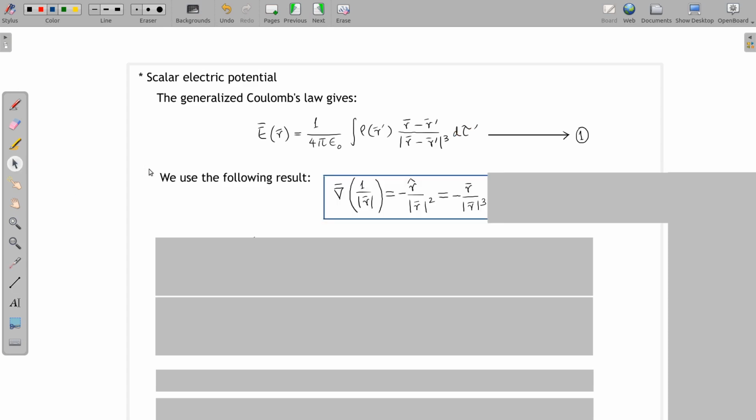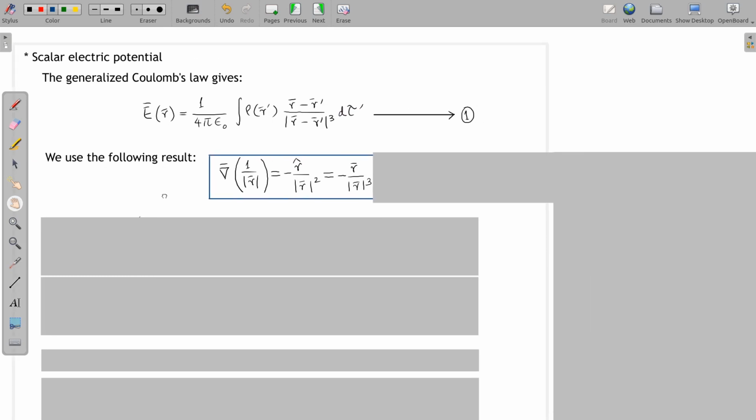Now we will use a result in what follows here. The result says this: if I find the gradient of 1 by the modulus of the position vector, that is equal to minus r cap, a unit vector along the radial direction, divided by the modulus of r squared.